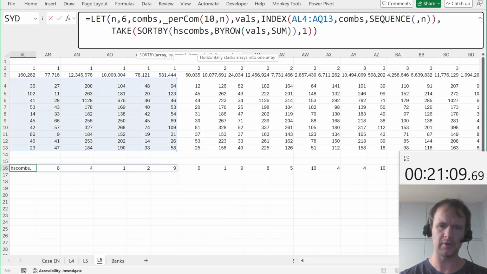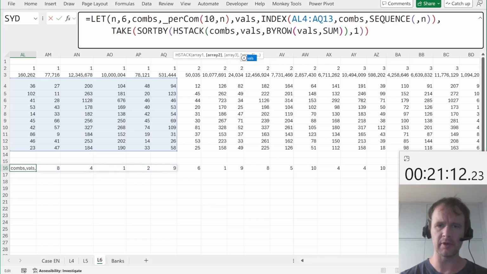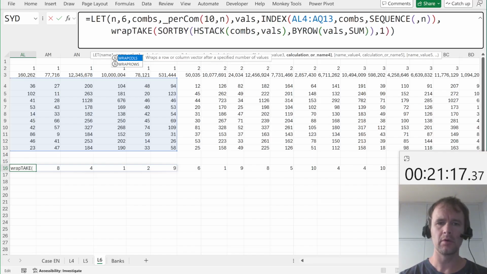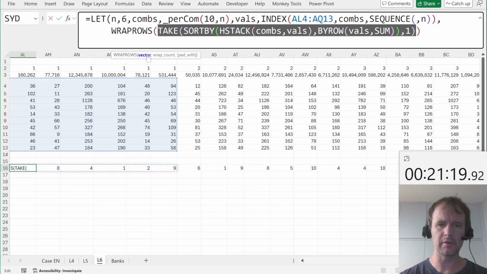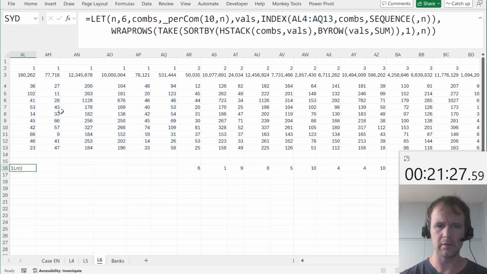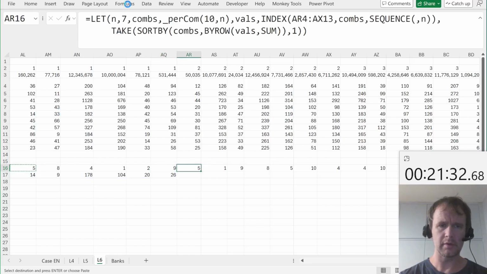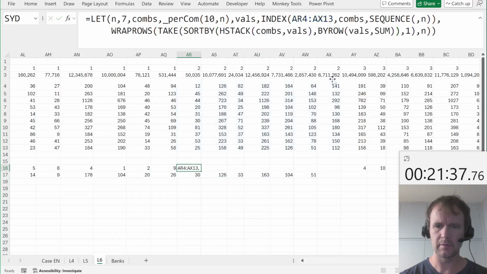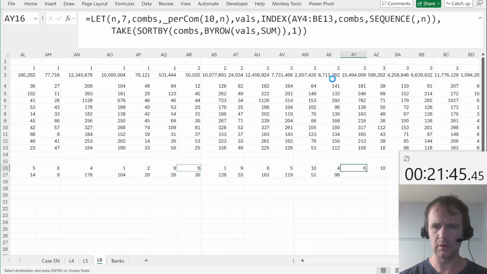Okay, so what if I did h stack of combs with vals, take one, and then we could wrap rows of that. Because what I'm realizing is I need the index number to figure out the bank name, and I need the value. Wrap rows of that by n. Yes, I think that's what I want. And then again, we make this 7, and we expand this. Okay.